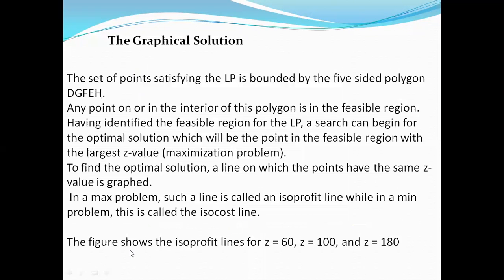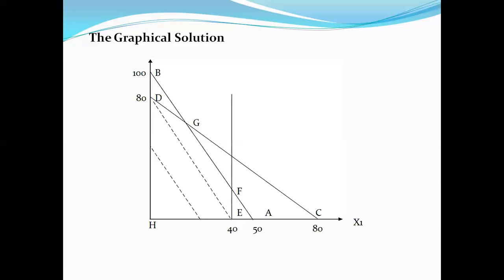So considering the iso profit lines, taking the Z values into consideration with respect to the polygon that we have taken, that is D, Z, F, E, and H.